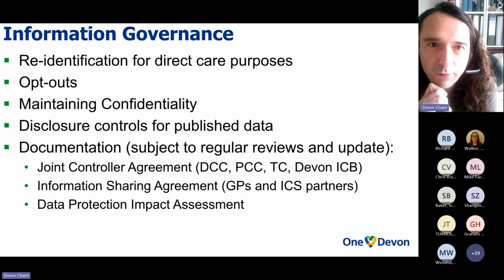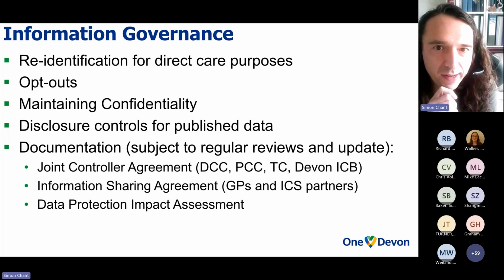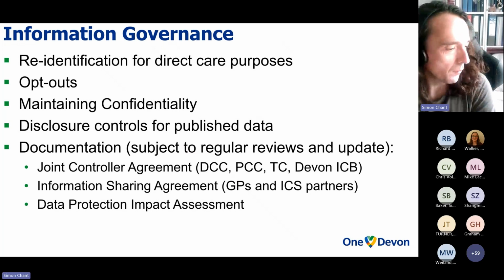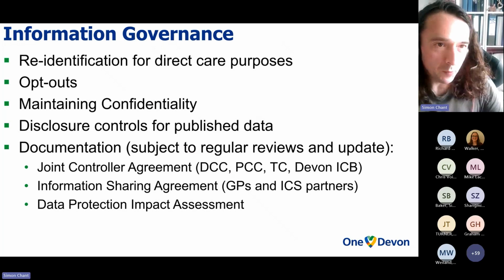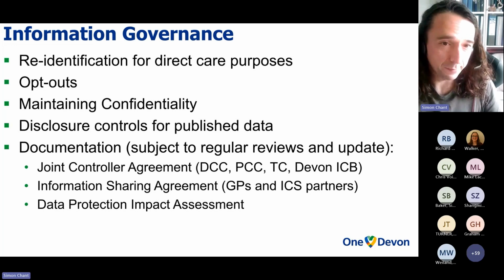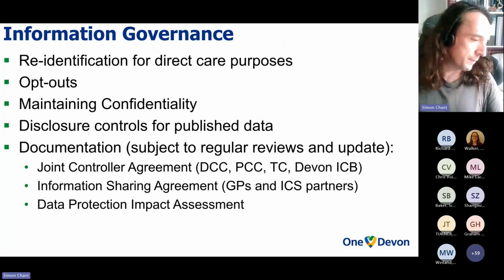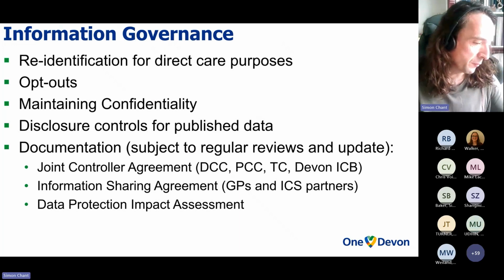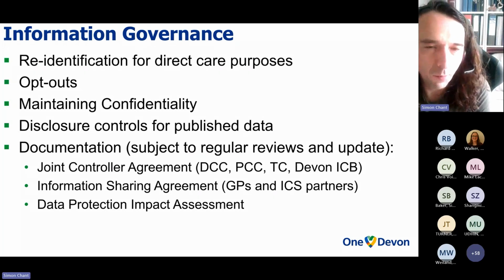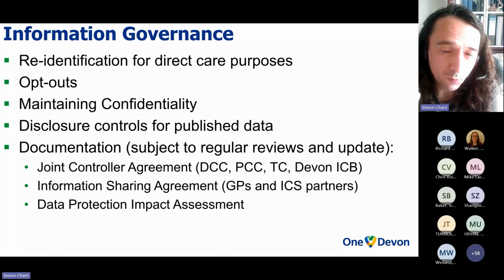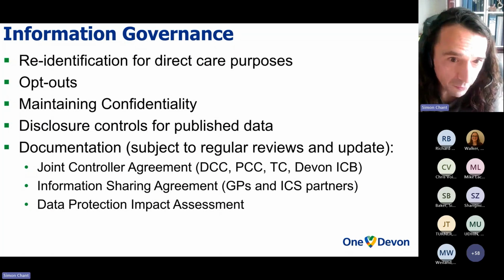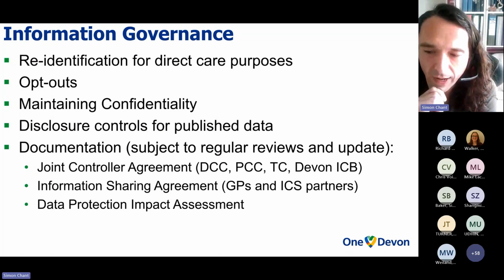In terms of information governance, I've mentioned the re-identification for direct care purposes. What's important as well is being able to remove people who have opted out, so we've got robust processes in place to allow us to do that. In terms of maintaining confidentiality, that's tied up both within that data set and how it works, but also around having disclosure controls in place for any published data.